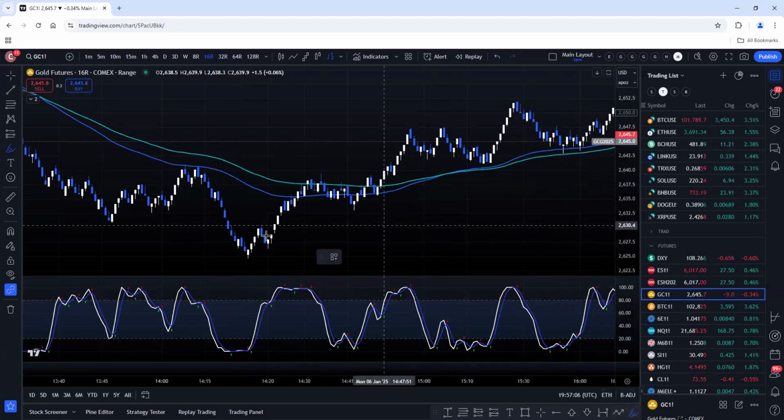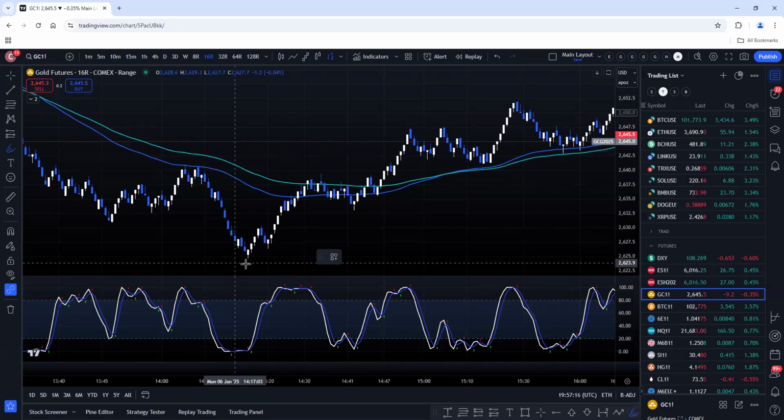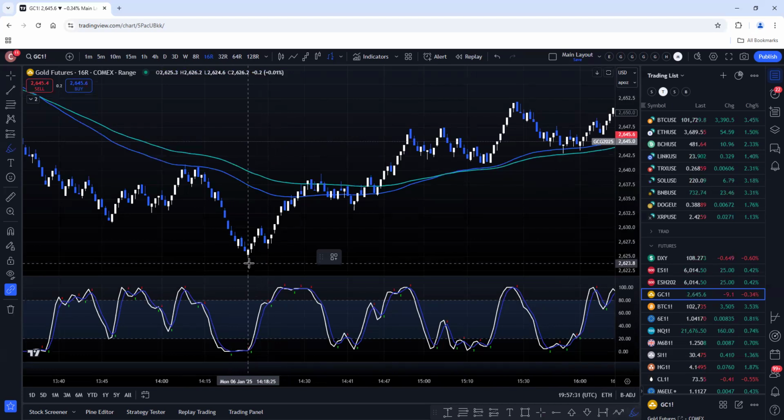I like to use the highlighter when I draw, just for personal preference. At the area of the first positive cross, this is where we will start, and we will keep going until we hit the low that is made by price on the range chart. It's not a very huge area here, from the cross to where the low is on the range chart.